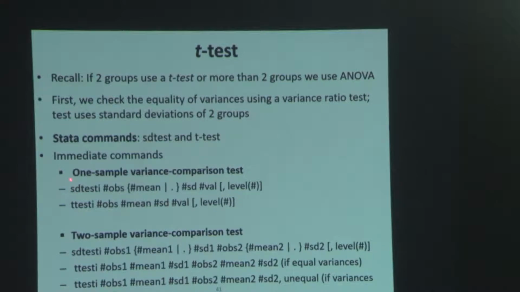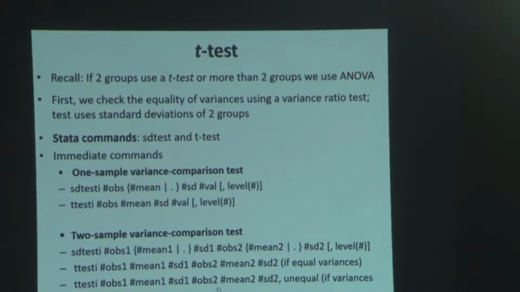In other words, we do sdtest i. This is immediate. That means that you have not opened your file in Stata, but you are now using Stata as a calculator. That's why you put the i to indicate immediate.